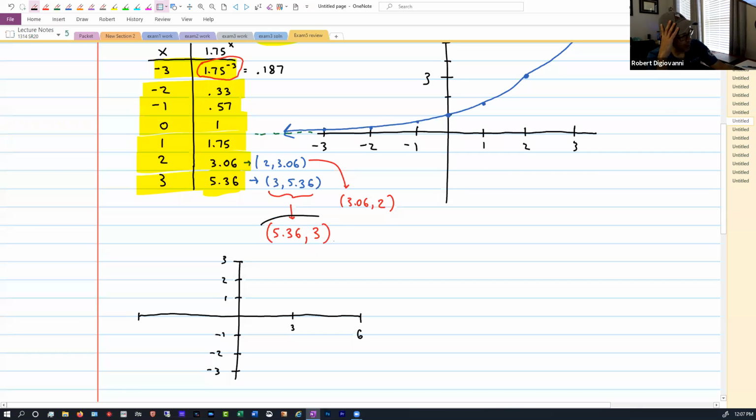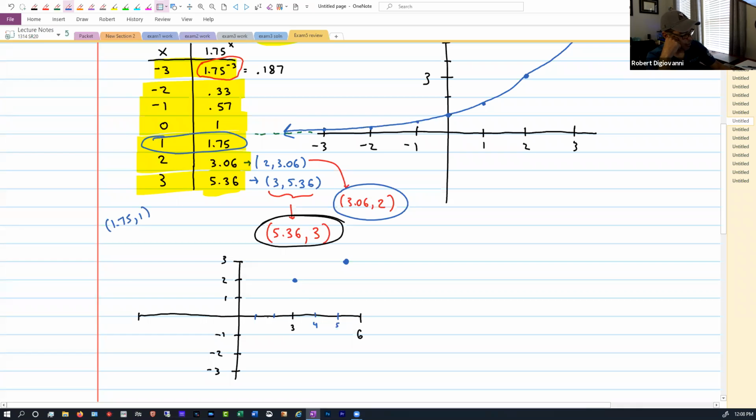So if I put this point down right here, 5.36, I move to the right 5.36, and I move up to 3. So it's going to be a point about, let me see, 4, 5. There we go. Somewhere around there. The next point, 3.06. So I go a little past 3 and I go up 2. And then this point right here, when I flip that around, that's going to be 1.75, 1.